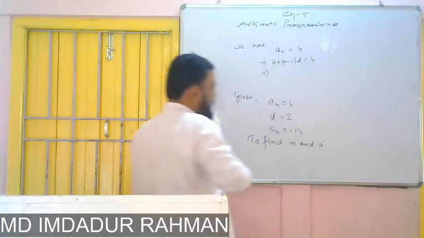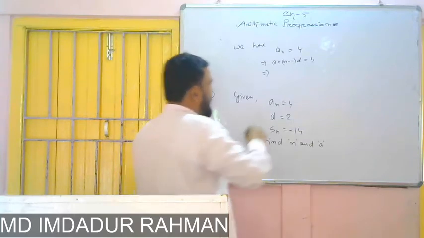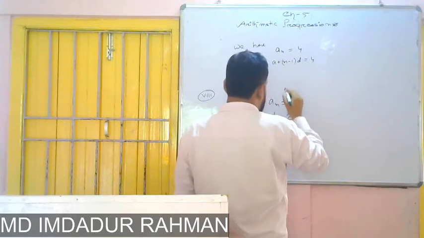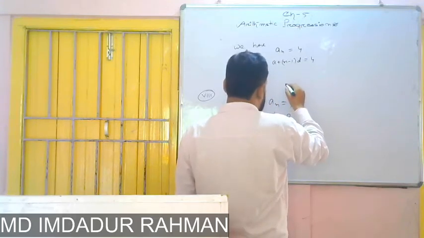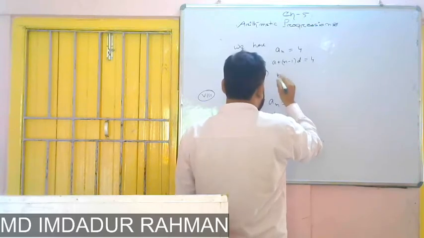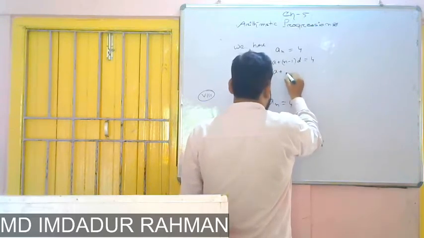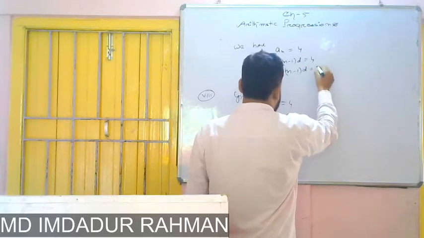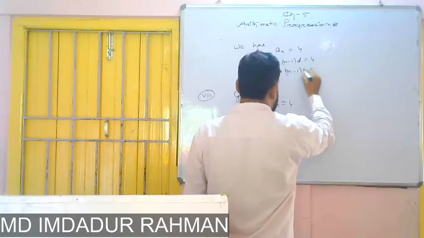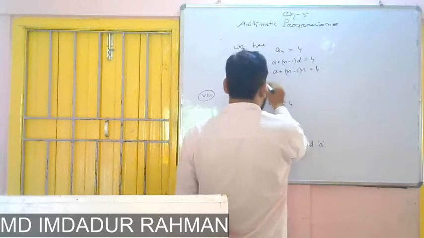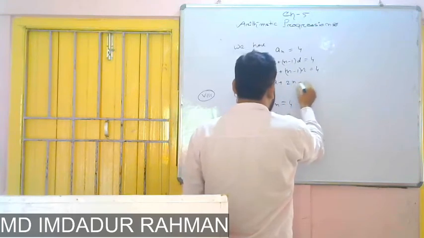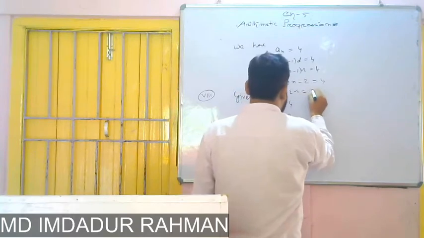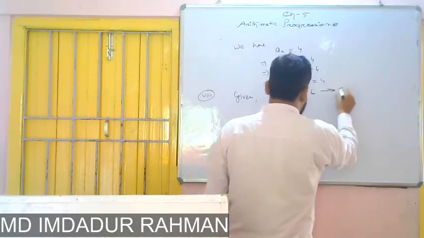Now what values are given? a plus n minus 1 into d, d is 2, is equal to 4, implies a plus twice n minus 2 is equal to 4, implies a plus twice n is equal to 6. This is equation number 1.